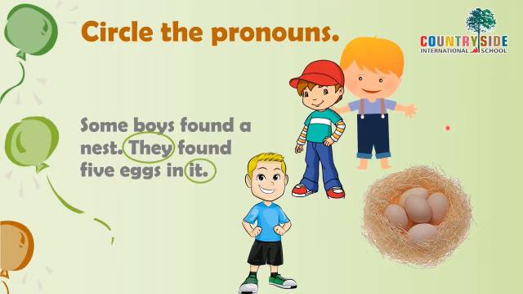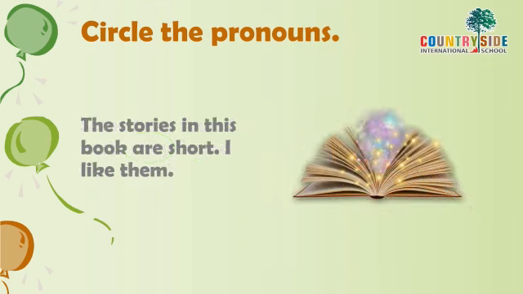They, because there is more than one boy. When it is more than one, we always use they. And it, because it is a thing. For things, we use it. The stories in this book are short. I like them. The pronoun them is used for the stories.